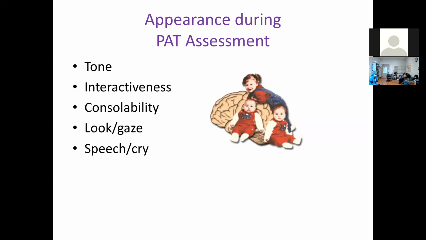Going back to one of our slides about color, some kids, as perhaps some of you have noticed, are just naturally pale or very fair. You're questioning, is this normal or abnormal? So please ask the parents, is this how the child normally looks?